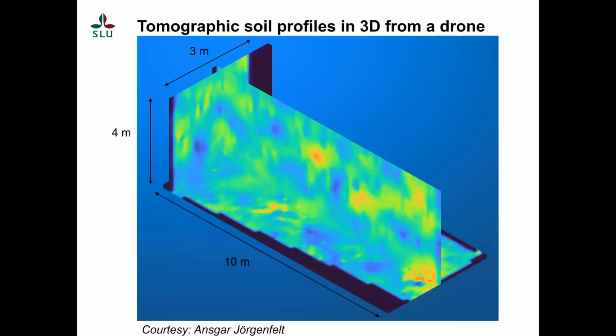This is one example of how this type of ground measurement looks from the drone-based radar. The one that we push or pull along the ground gives a two-dimensional representation of the ground. But with this drone we can do tomography, we can actually do these cuts. I don't know if you see it, but there is one cut in this direction and one cut in this direction.